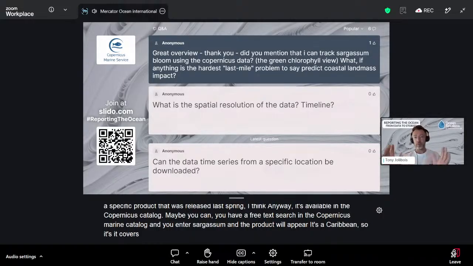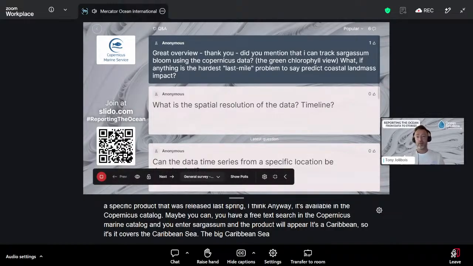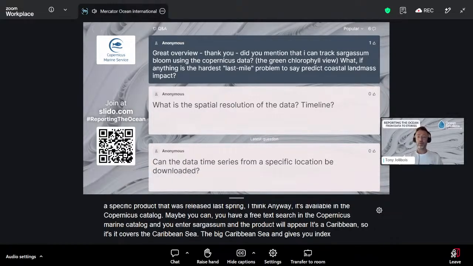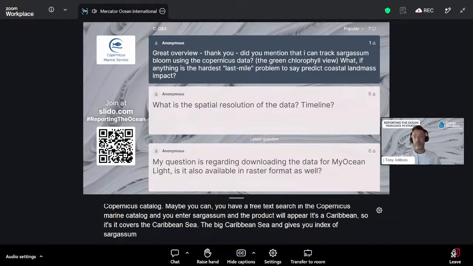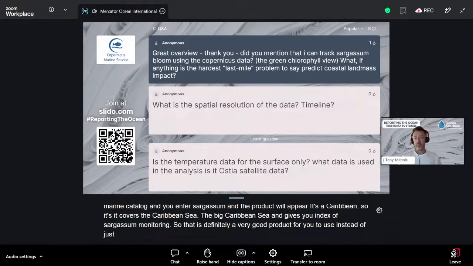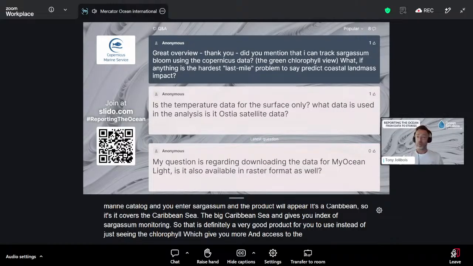It covers the Caribbean Sea and gives you an index of Sargassum monitoring. That is definitely a very good product to use instead of just the chlorophyll view, which gives you more access to the phytoplankton data.